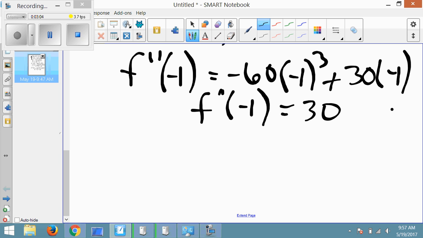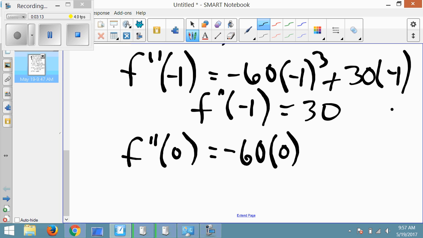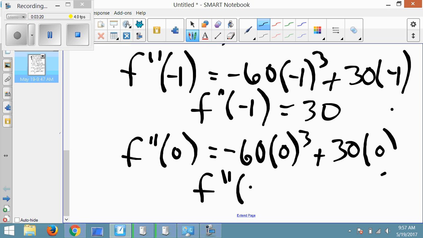And last, we're going to plug in f double prime with 0, because that's our last critical number. Negative 60 times 0 to the third plus 30 times 0. F double prime of 0 is going to equal 0.